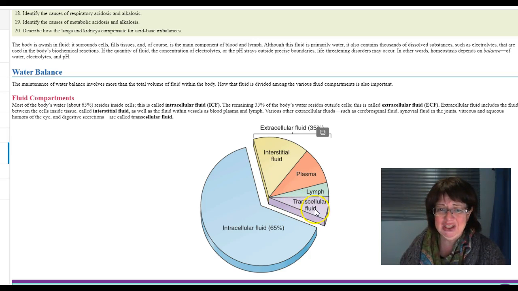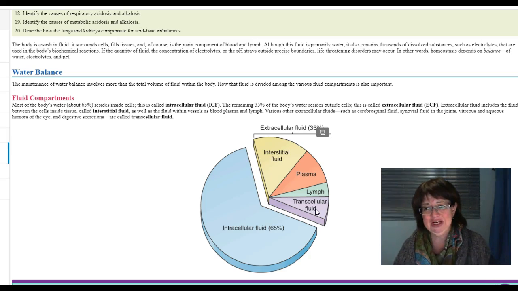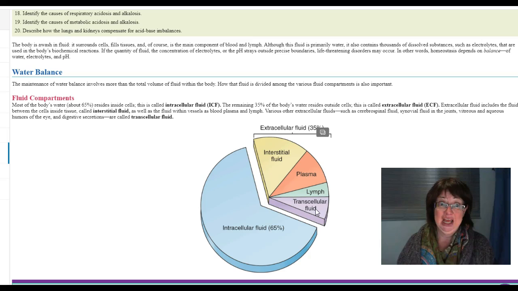and transcellular fluid. Now, transcellular fluid is sort of the extra fluid around your body. So this is the fluid in your eyes, the fluid in your joints, and digestive secretions. So most of your body's water is intracellular, or inside the cell.